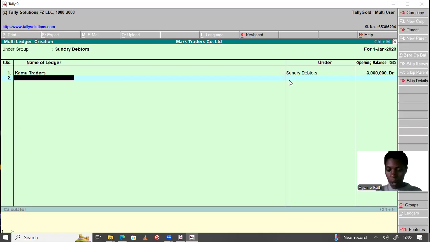Then the second one is Peter Dunn. They do not have the opening balance. Then the next is Munene Auto Dealers. The opening balance is 1 million.